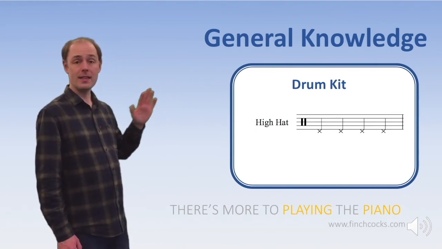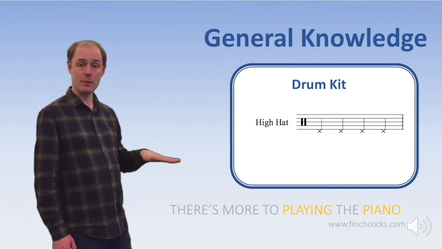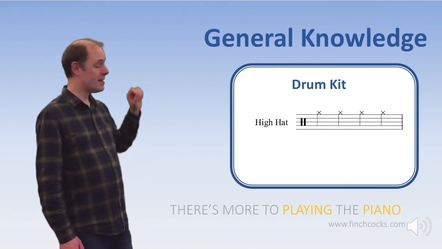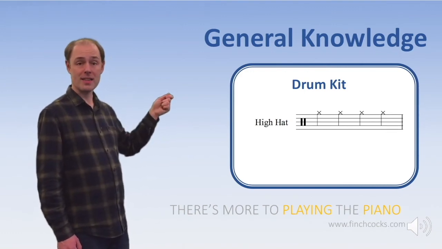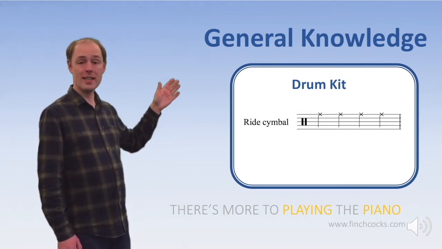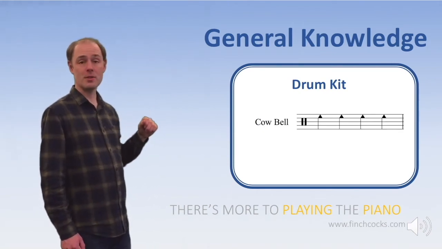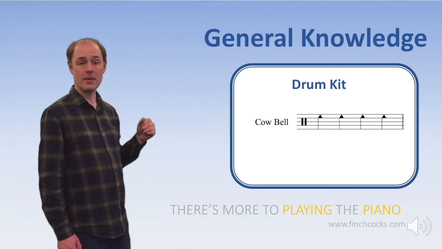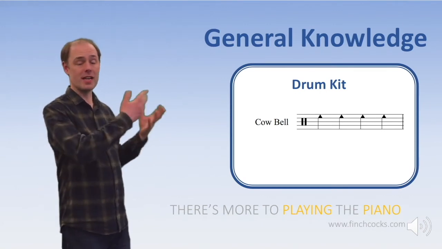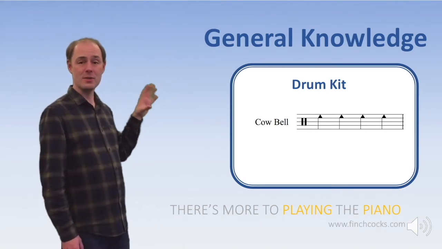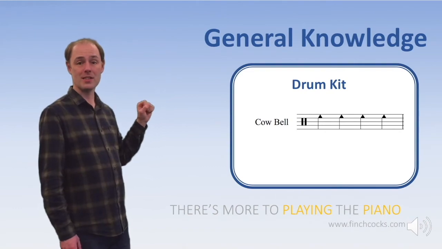This symbol indicates that you press the hi-hat down with your foot. This symbol means you hit the hi-hat with the stick. This is the ride symbol, this is the crash symbol, and this symbol is sometimes used for the cowbell. You may find slight variations in this, as there isn't a universal standard of drum notation.